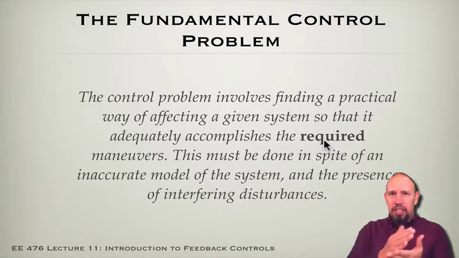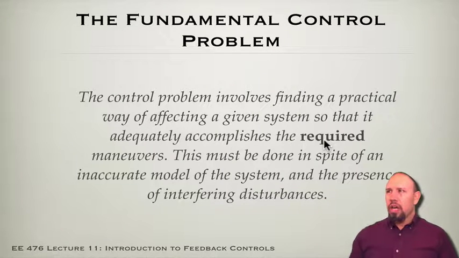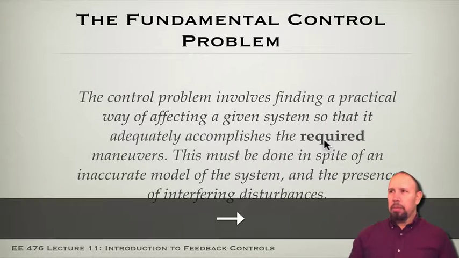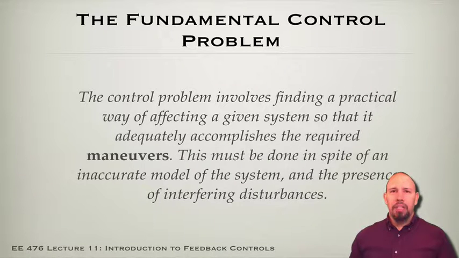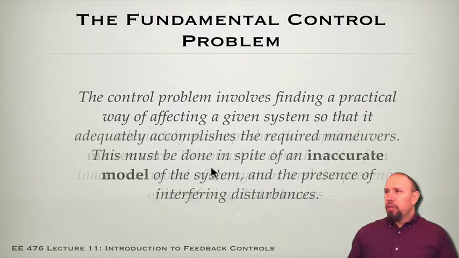It can't do this. Those kinds of things. So requirements are an important part of this problem. Maneuvers. A maneuver is what are you asking the system to do? Are you asking it to just not blow up, or are you asking it to do something else like track something? So that's the concept of a maneuver.